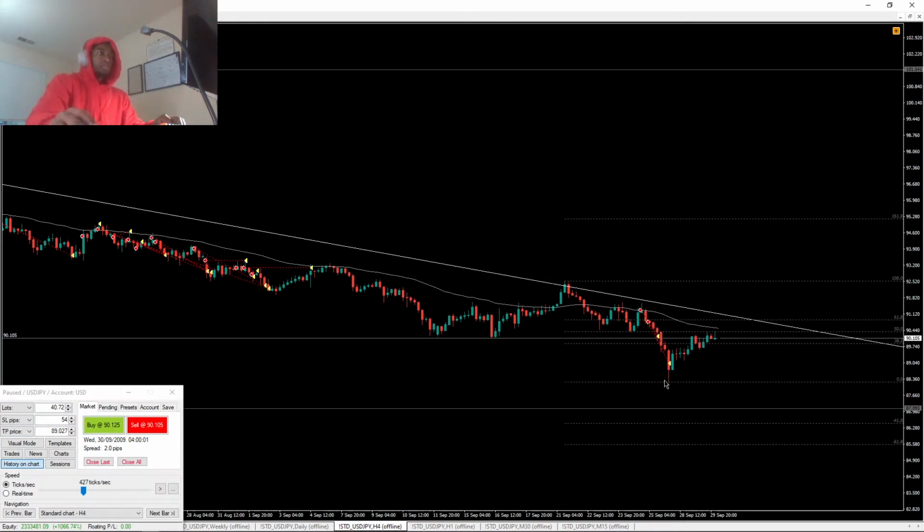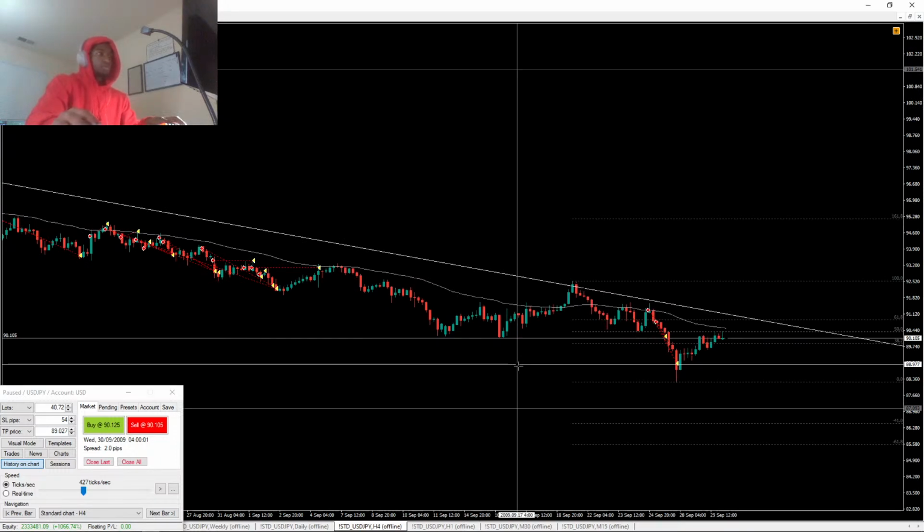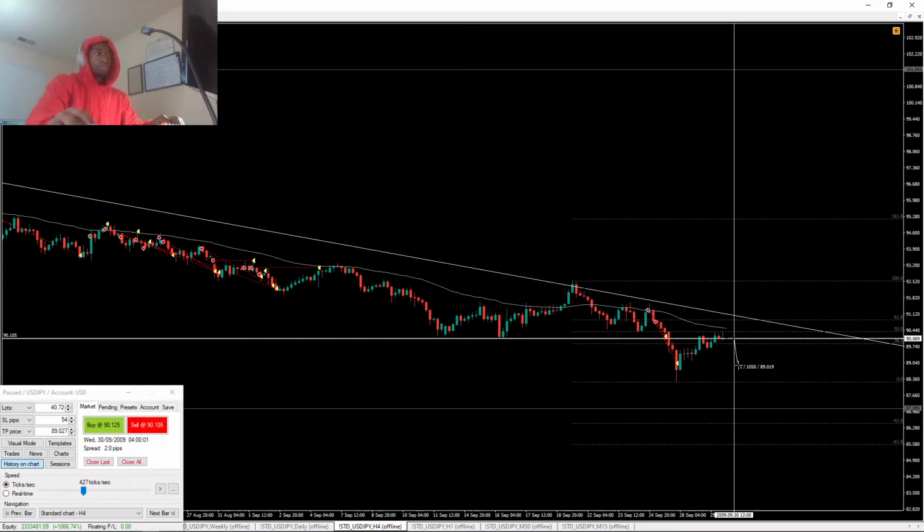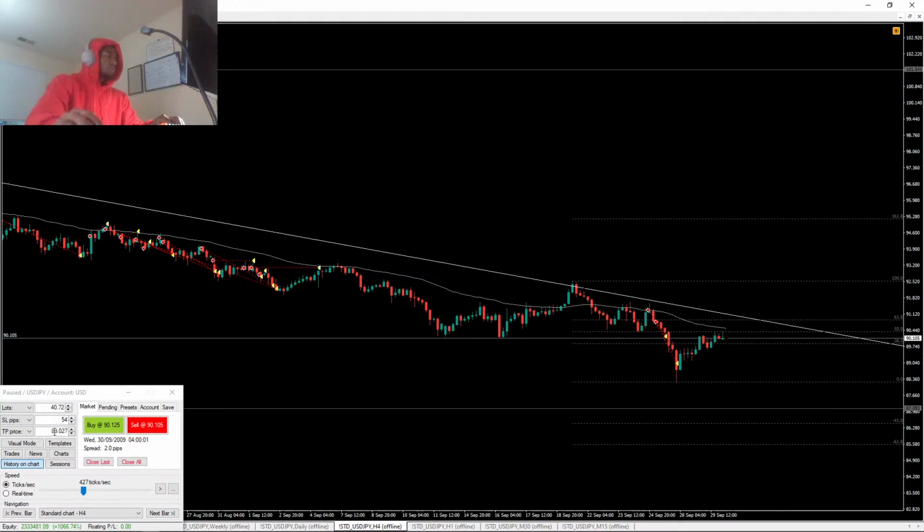It's below the demand zone. Target's going to be at 0.8821, which is a little over a 3:1, or about a 3:1.